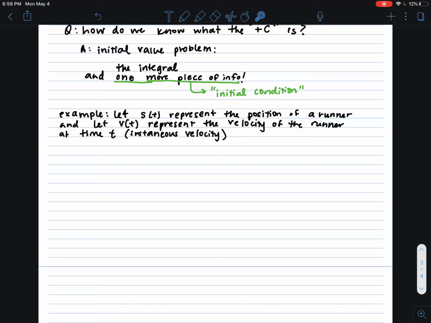If we were looking for the average velocity, it would be V of t representing the average velocity of the runner between time, say A and B. But we're just talking about one, so it's instantaneous.